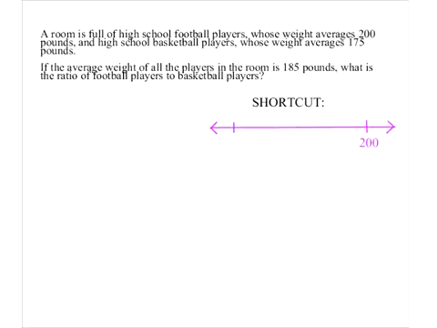Okay, that's football. And then 175 is basketball players. And then our weighted average is, yeah, so a couple of you are nailing this already. It's going to take me longer because I got to draw it on the screen, but I know a couple of you are starting to nail this. So 185 is the weighted average.